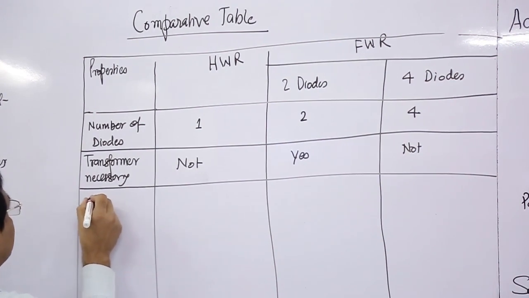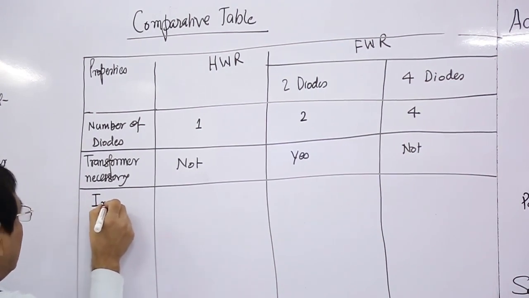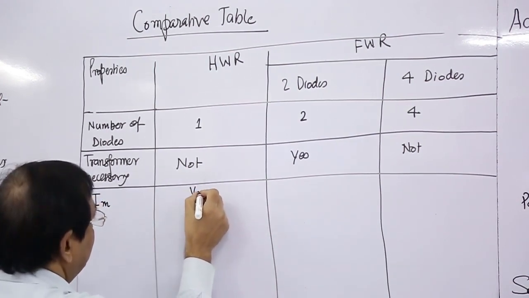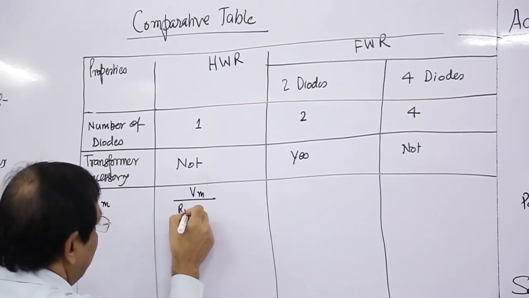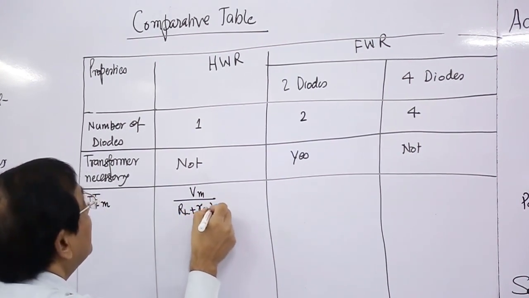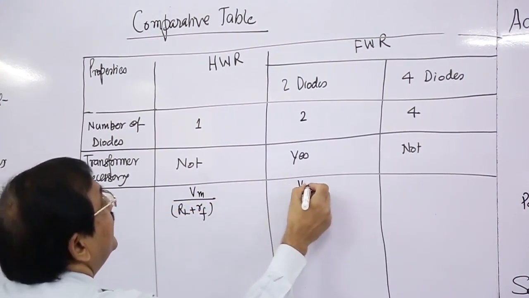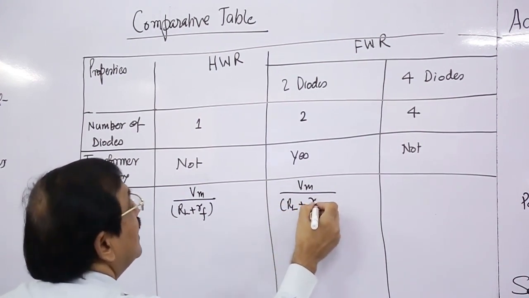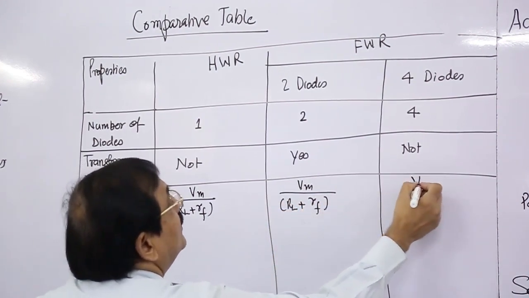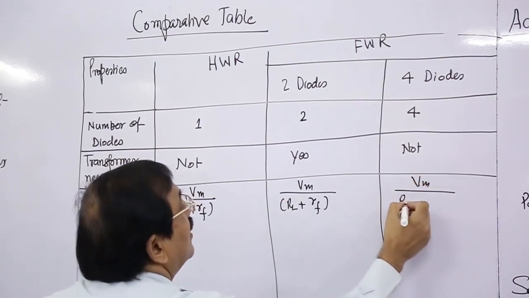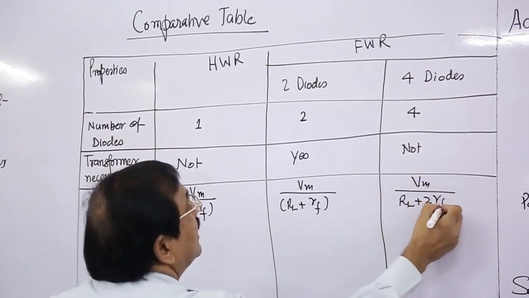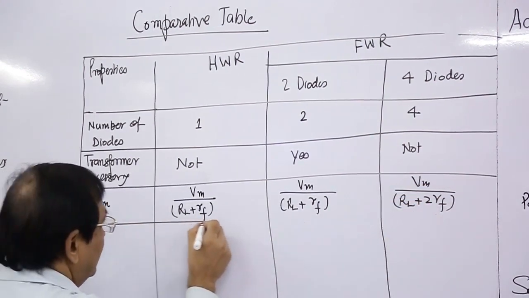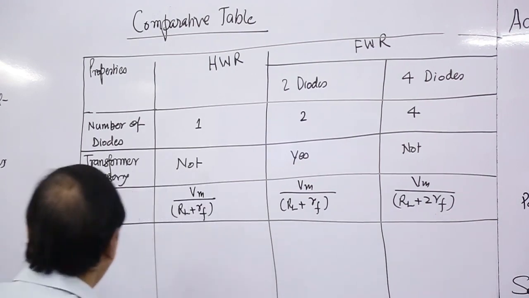Average IM is VM over RL plus RF, VM over RL plus RF, VM over RL plus 2RF. That is for two diodes.